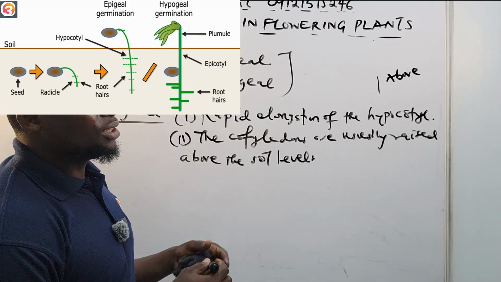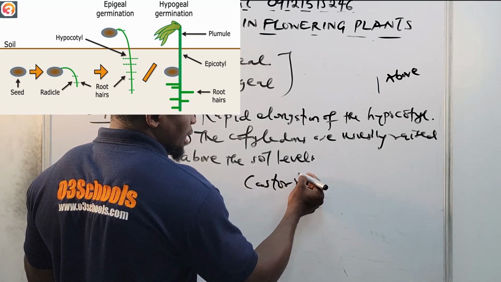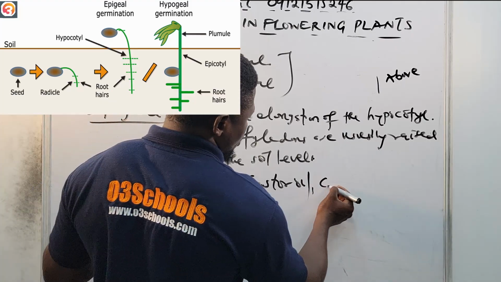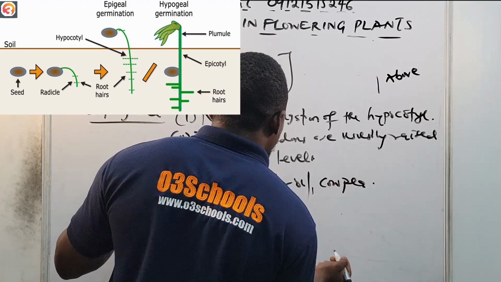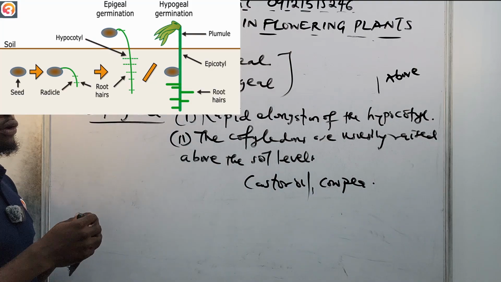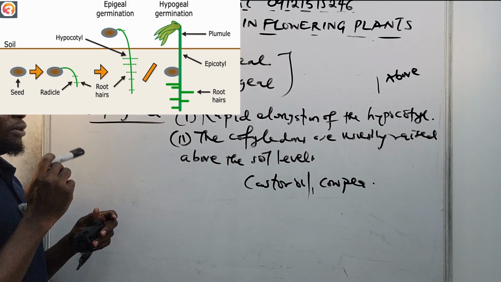Examples of plants where you can see this are castor oil and cowpea. You see the cotyledon is raised above the soil. That is epigeal germination.